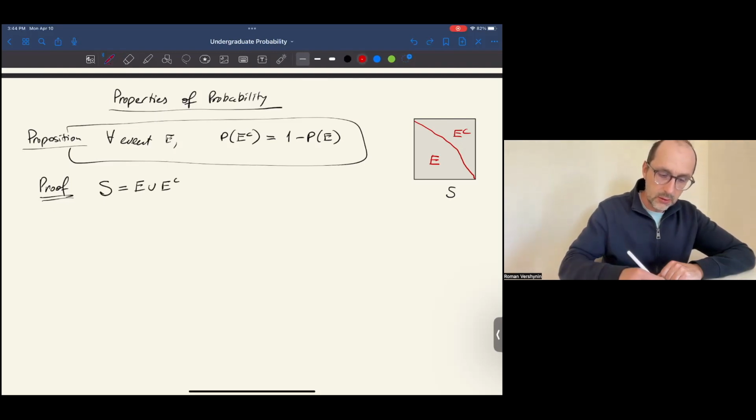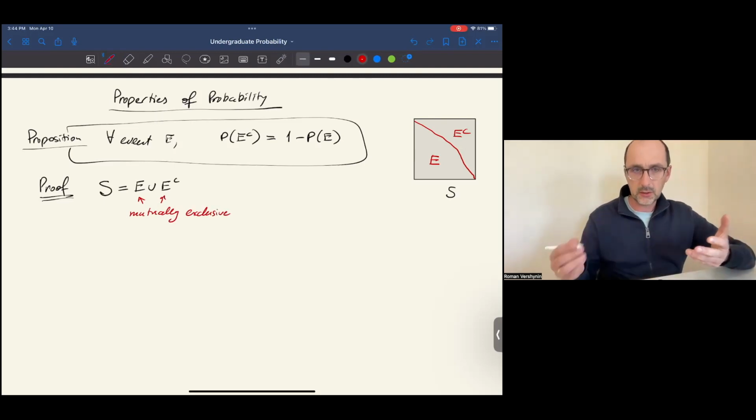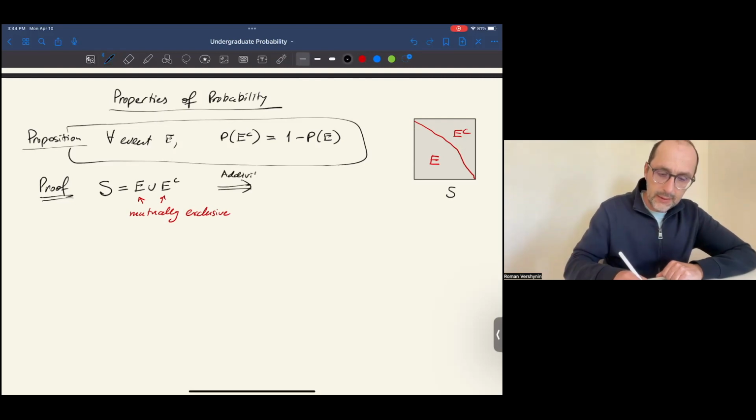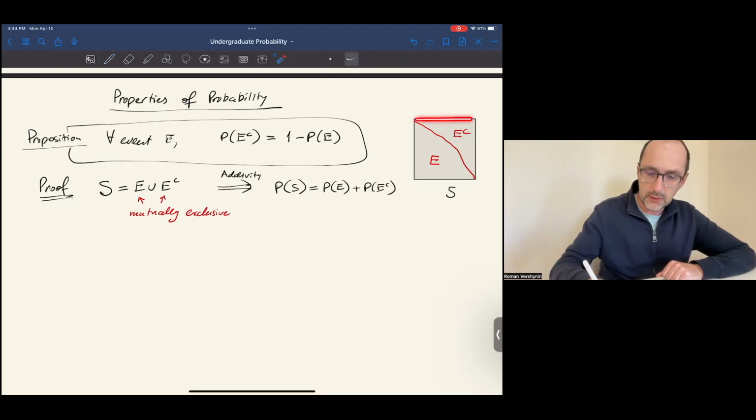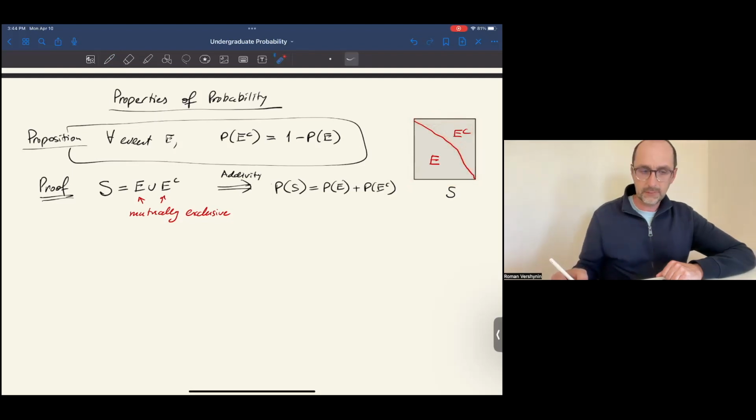Obviously, E and E complement are mutually exclusive. There is no outcome that can be both in E and E complement. Therefore, the additivity axiom says that the probability of S equals probability of E plus probability of E complement, because we just decomposed this set into 2 mutually exclusive events.